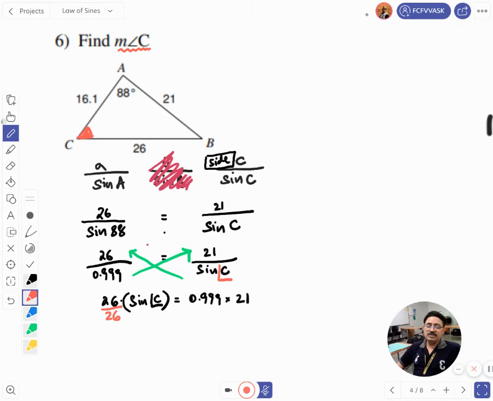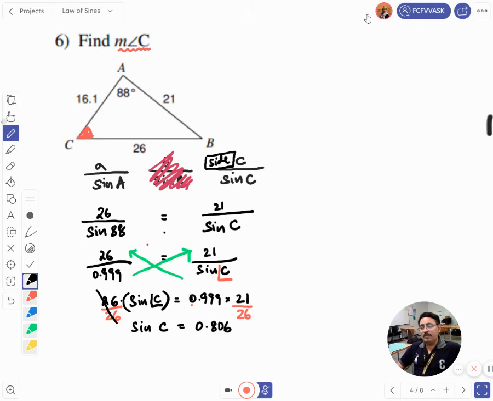Therefore, 26 is to be eliminated, which is done by dividing by 26, the inverse operation. So sine C equals 0.999 multiplied by 21, and the result is divided by 26. Oh, my apologies, there is an error in how I said it. That gives 0.806.